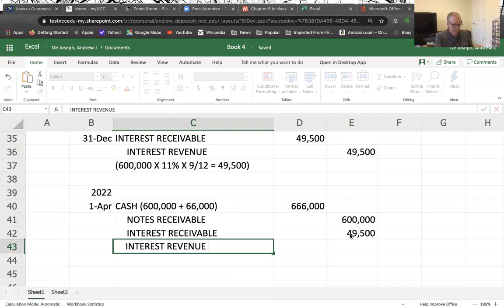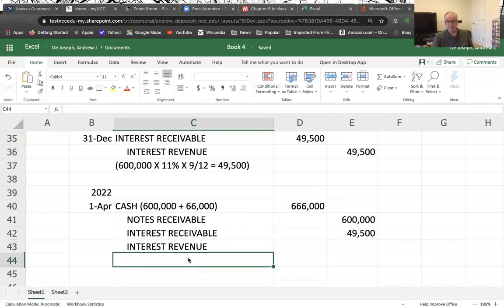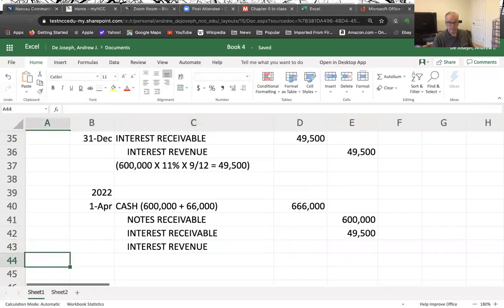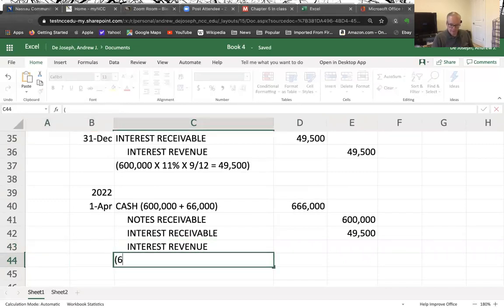How would I calculate it? 600,000 times 11% times how many months?